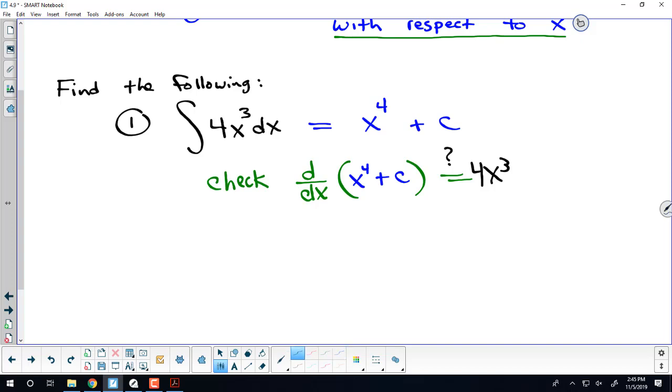Okay, a few more of these. So the antiderivative of -1 over x squared.